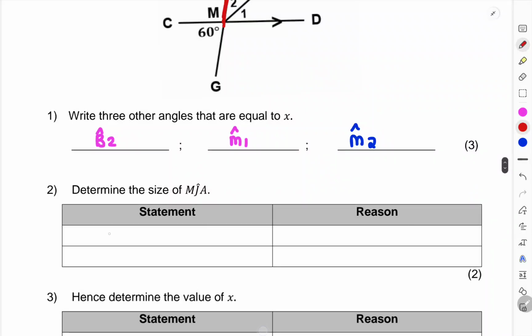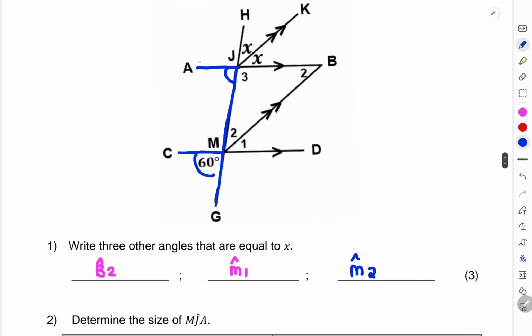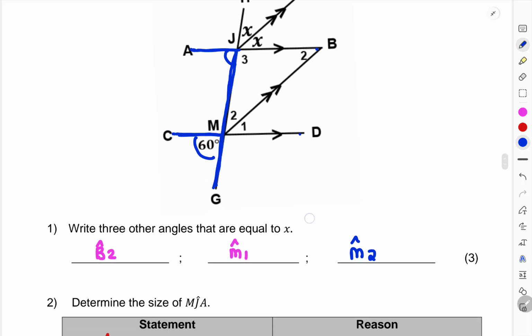So angle J is equal to 2x because of vertically opposite angles. Oh sorry, you didn't even actually have to state that. I think they will find x later. But MJA is equal to 60 degrees. Why? Because of the corresponding angle, because AB is parallel to CD.